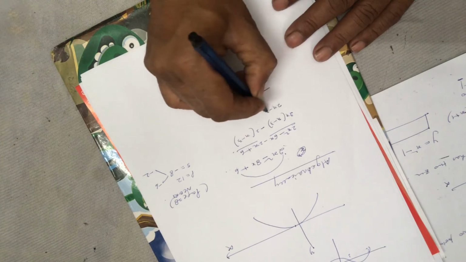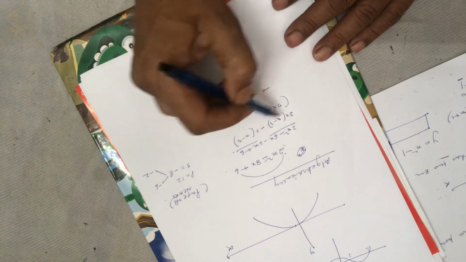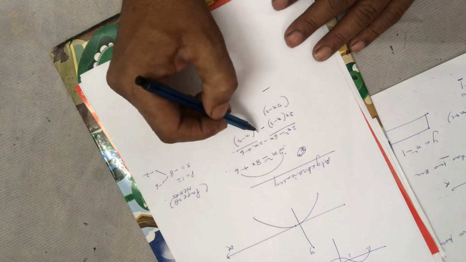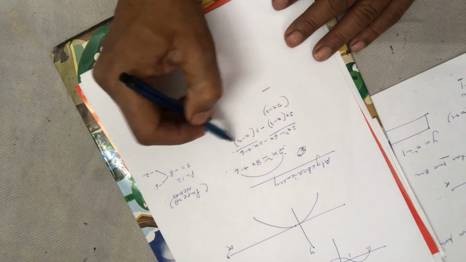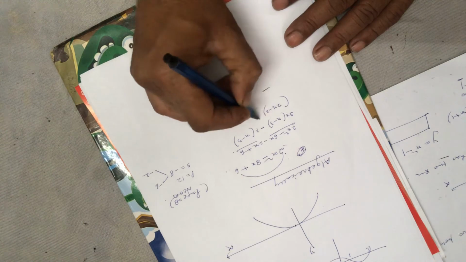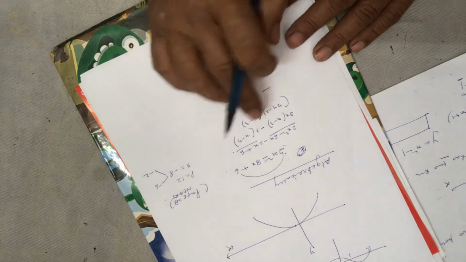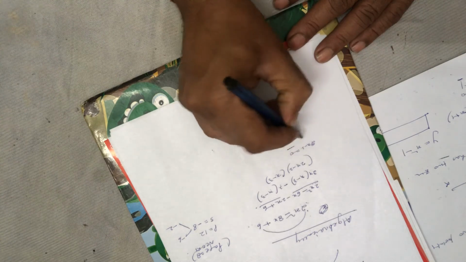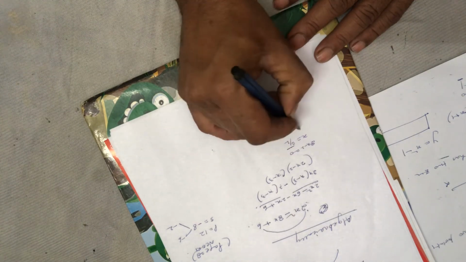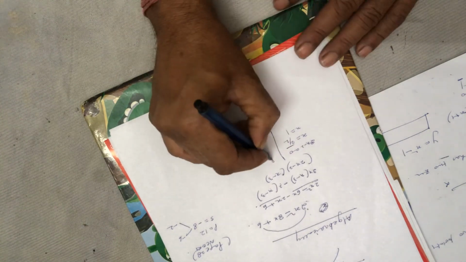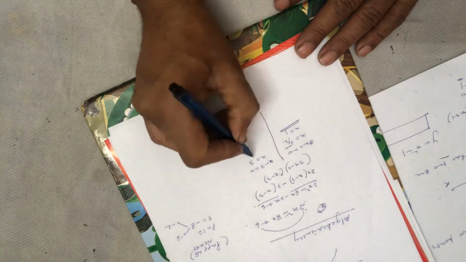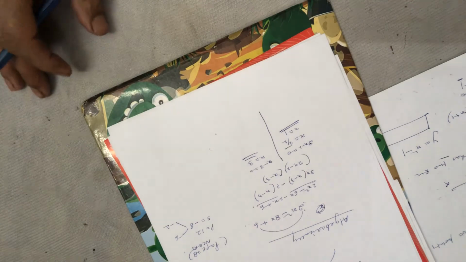So 2x minus 2 common, so x minus 3 and 2x minus 2. So the zeros are 2x minus 2 equal to 0, or x equal to 2 by 2, or x equal to 1, or x minus 3 equal to 0, or x equal to 3. So the two zeros are 1 and 3.